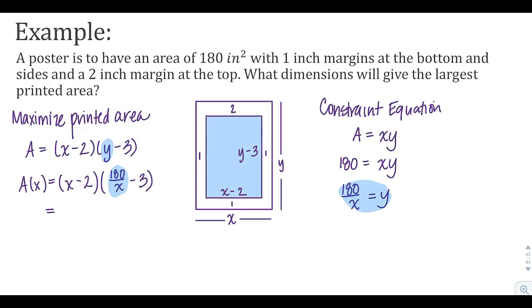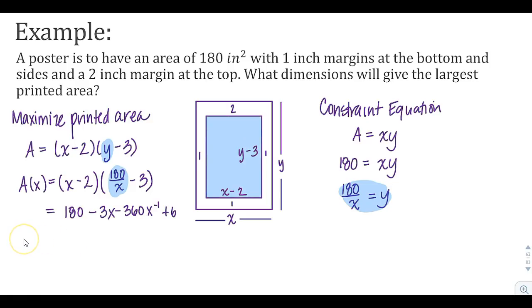So I'm going to have 180, the x's will cancel, minus 3x, minus 360 x to the negative 1, because inside here I have this 360 over x, so I'm writing it as x to the negative 1, plus 6.